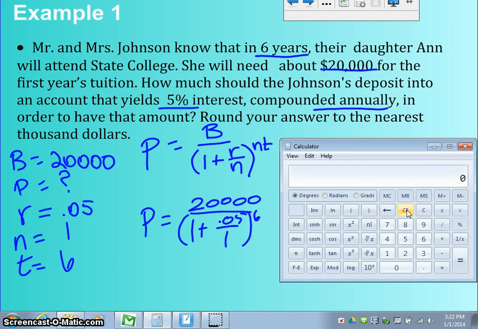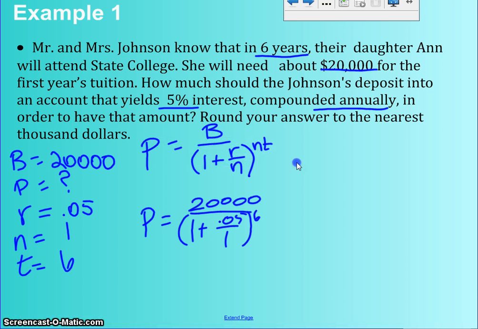I'm putting in 200,000, so it's 20,000 divided by 1 plus 0.05 divided by 1, all to the 6th power. And there we go. We've got 14,924.31. So 14,924.31 is what they need to put into the account today so that in 6 years that will reach $20,000.